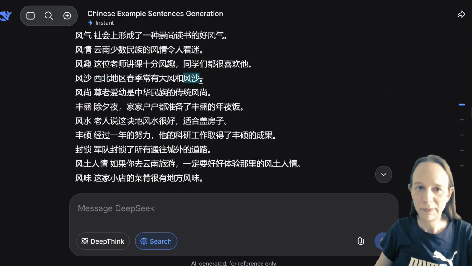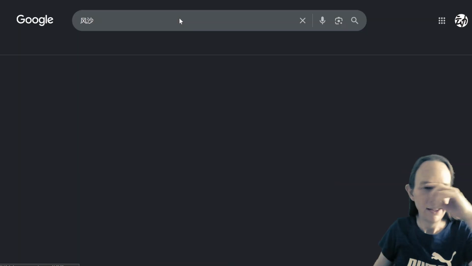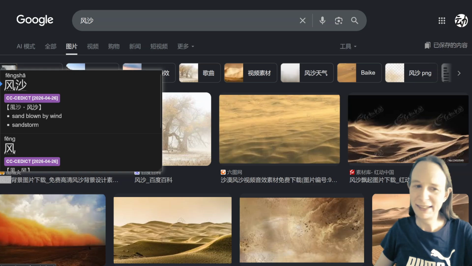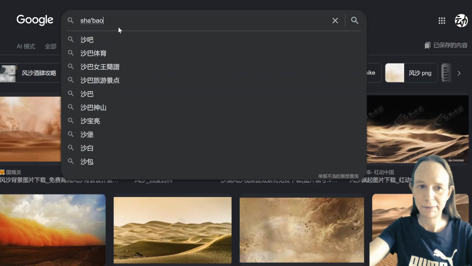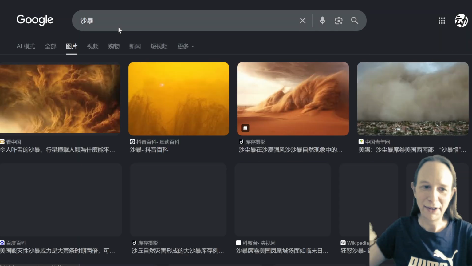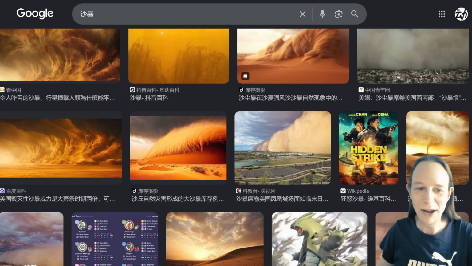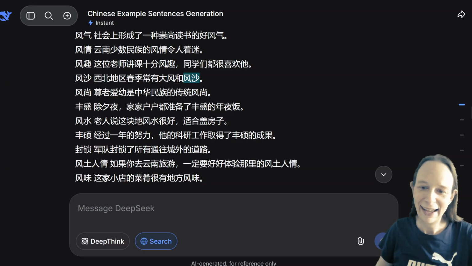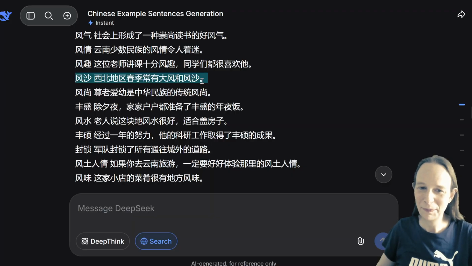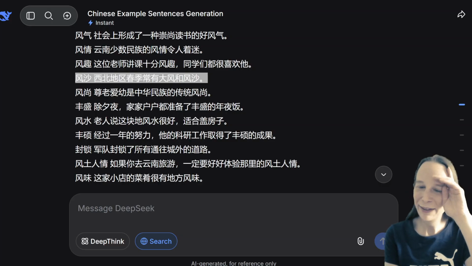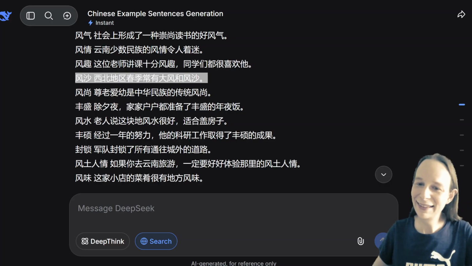I don't know. Put in Google image search. So maybe it is just 沙暴. I don't know. This one looks a little bit more violent. 沙暴. All right. How much do I care? Near zero. I guess it comes up in weather reports and geology or something.